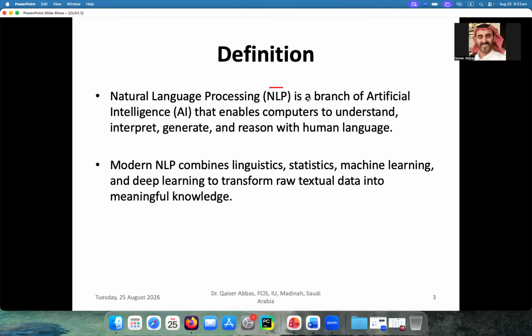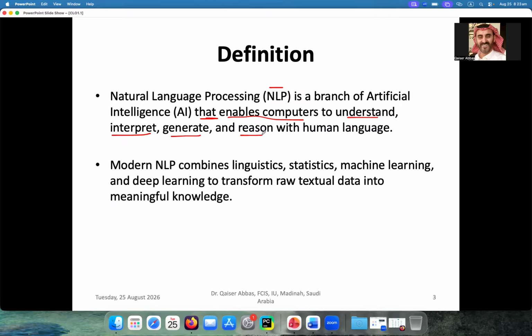And now what is the definition of NLP? These lines give you that idea: NLP enables machines or computers to understand human language, to interpret human language, to generate human language, and to reason with human language.